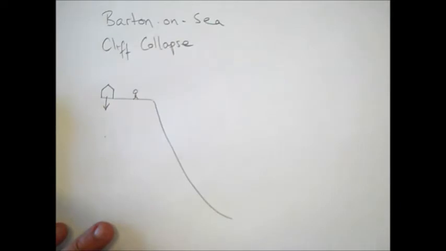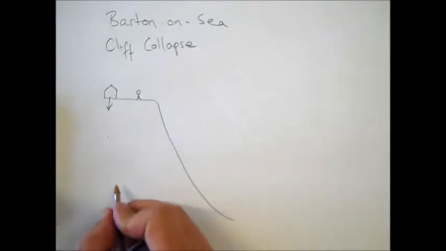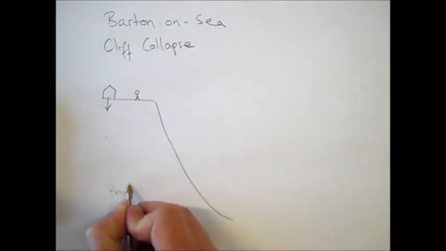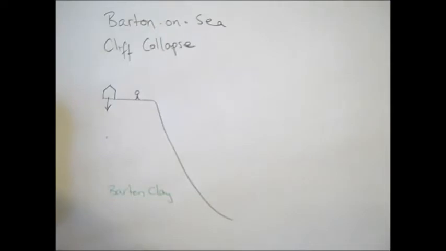Now, in terms of physical causes, this is where Barton-on-Sea is slightly more complex. So, firstly, what we need to remember is that the majority of the Barton cliffs are made of something called the Barton clay. It's an incredibly soft rock that is very easily eroded.